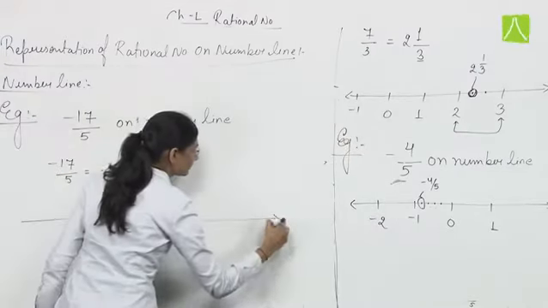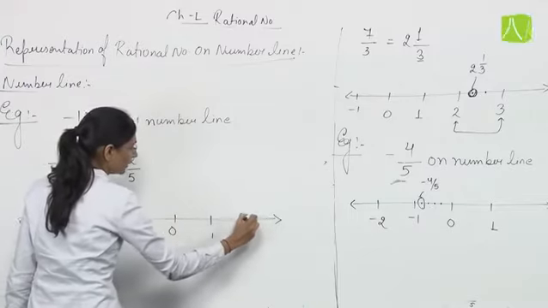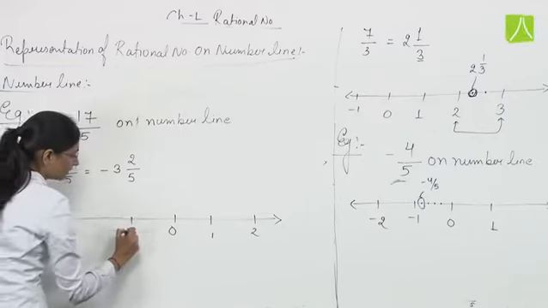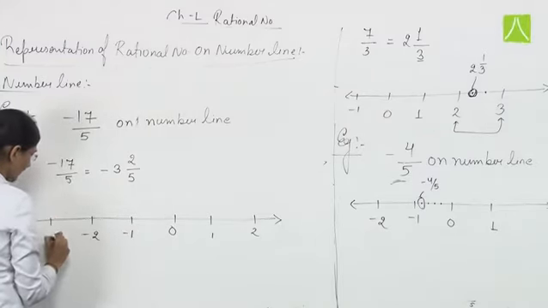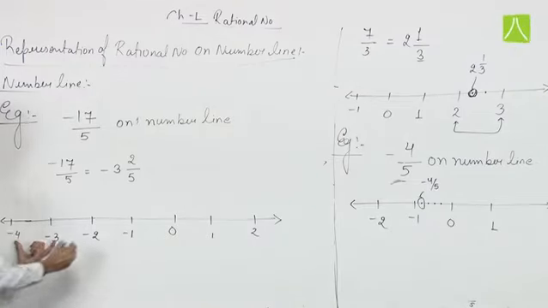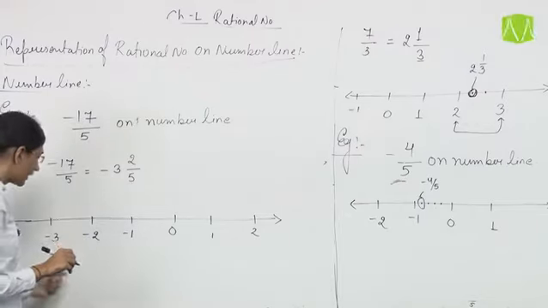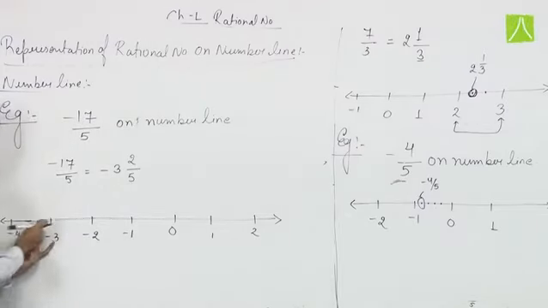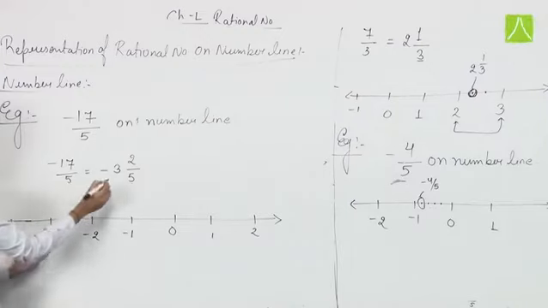Draw the number line 0, 1, 2. On the left side -1, -2, -3, -4. The number will lie between -3 and -4. Denominator is 5. 5 minus 1 is 4. Divide this section into 5 equal parts by drawing 4 lines at equal distances.